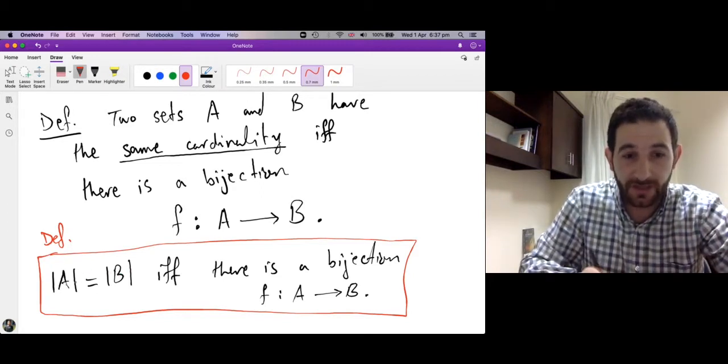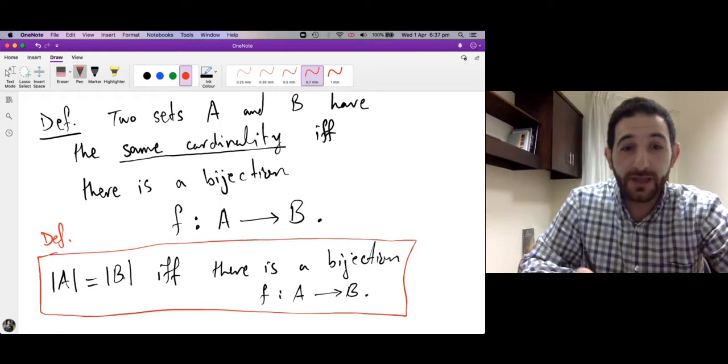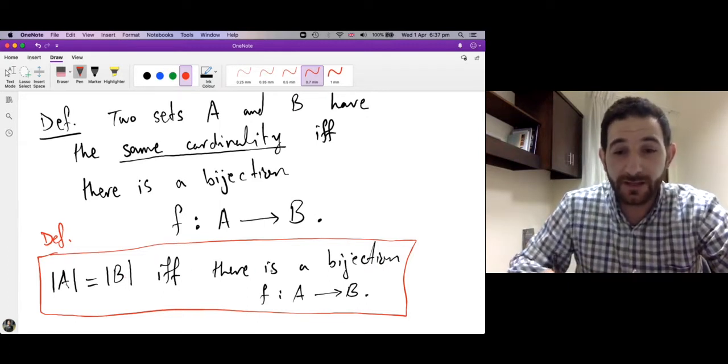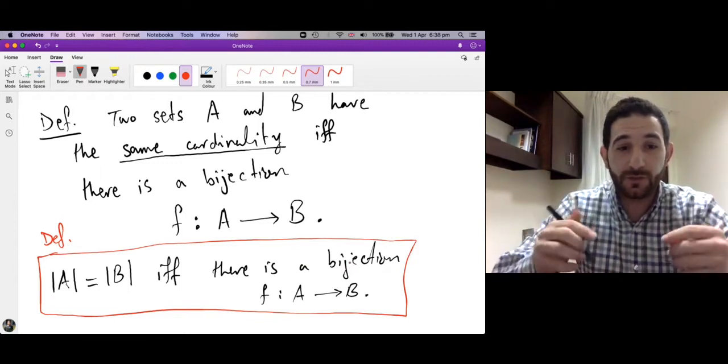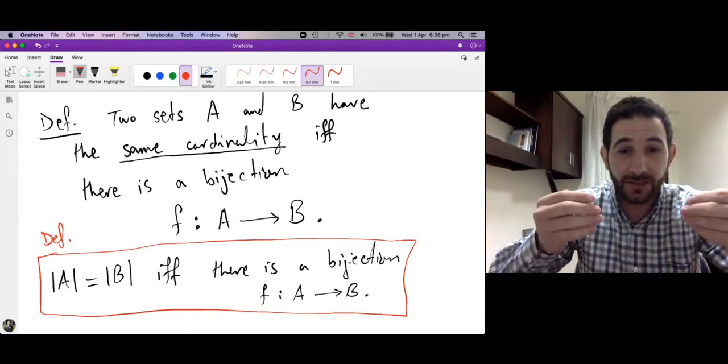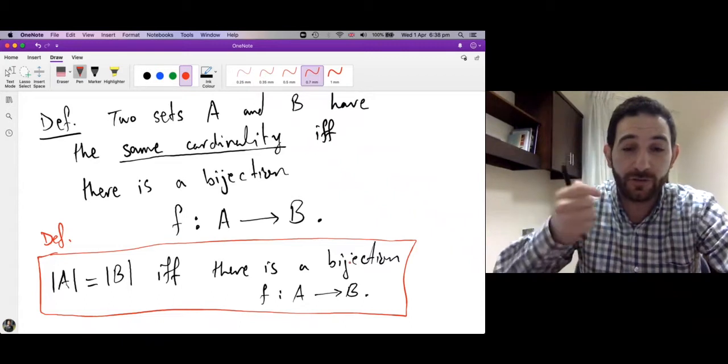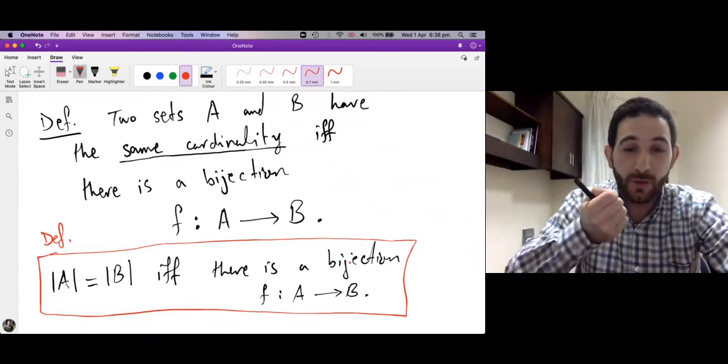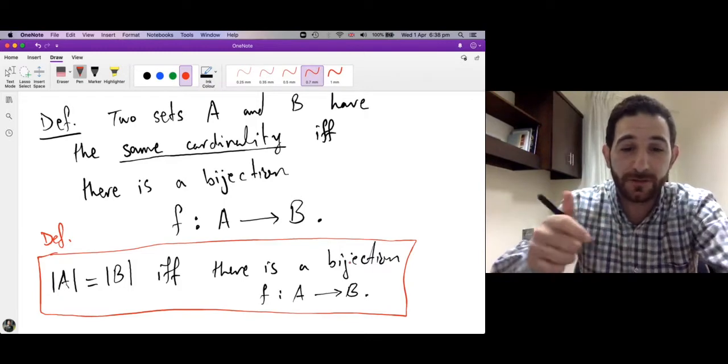The cardinality of A is equal to the cardinality of B if and only if there is a bijection f from A to B. So if you are asked to show that two sets have the same cardinality, you have to provide a function from A to B and show that this function is a bijection.